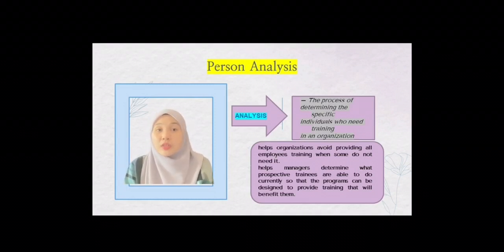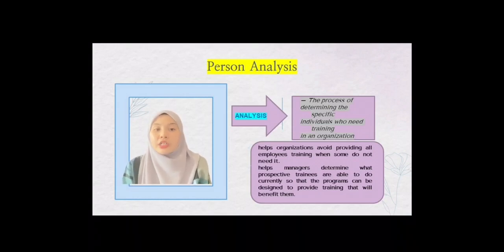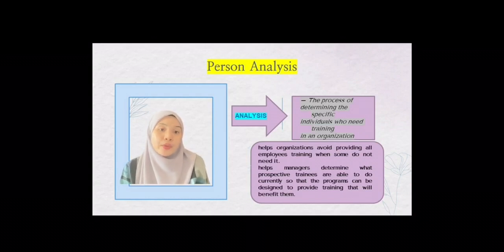Okay, next we have person analysis. Person analysis is also the process of determining the specific individuals who need to be trained in an organization. Firstly, analysis can help the organization avoid providing all employees with training when they do not need it.